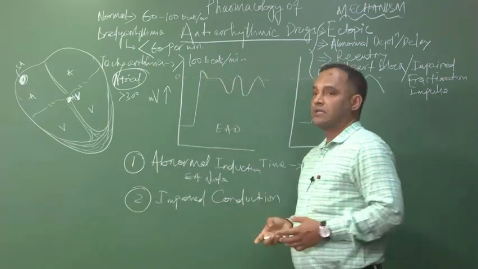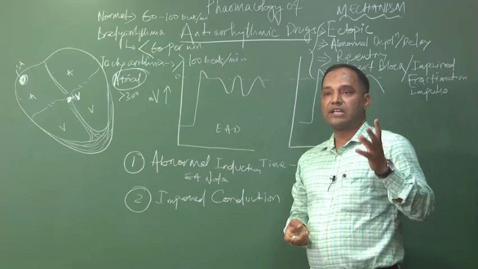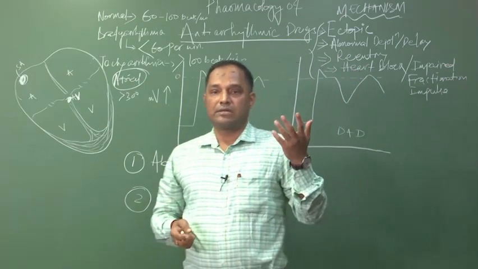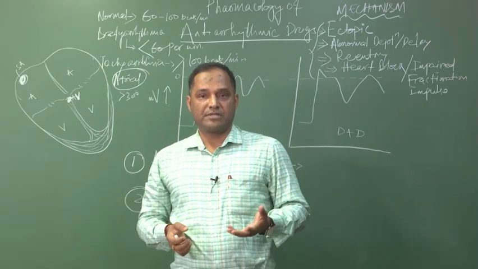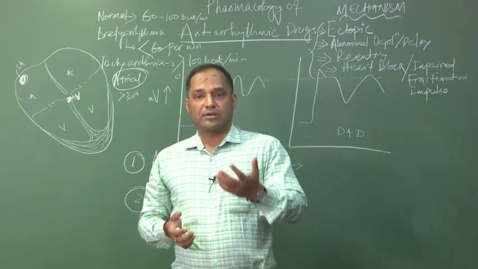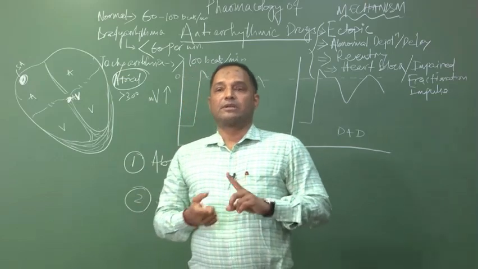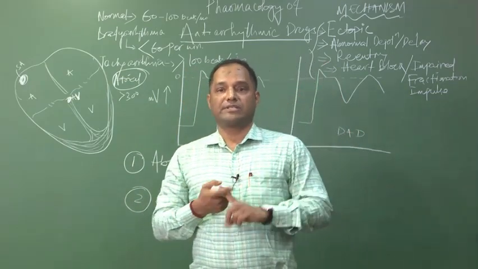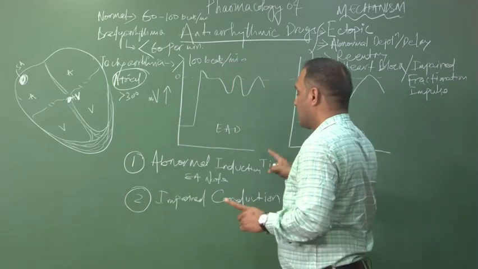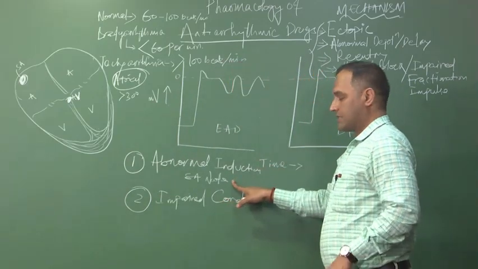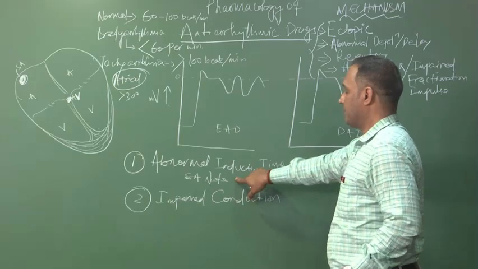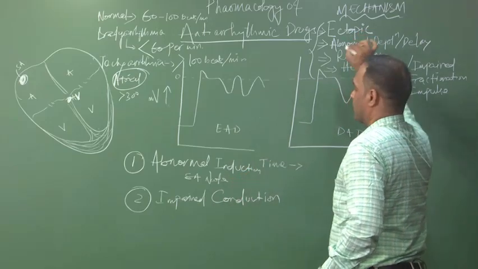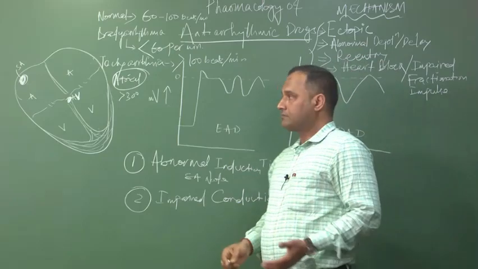The third is the release of catecholamines, that means adrenaline. These have a greater role in impairing the generation of impulse by the SA node.